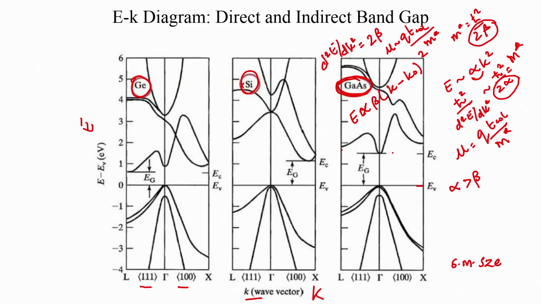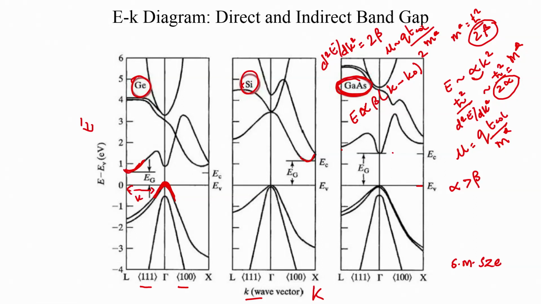Now in the case of silicon and germanium, we note that the EK diagram corresponding to the valence band and the EK diagram corresponding to the conduction band have their minima or their maxima, or their point of inflection, let me say, at different locations in K.